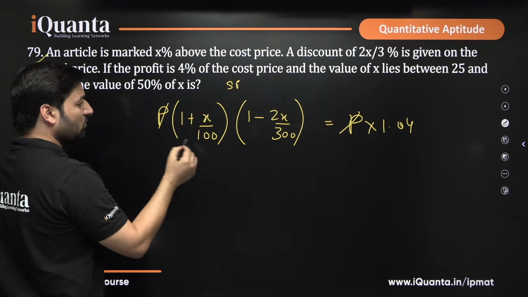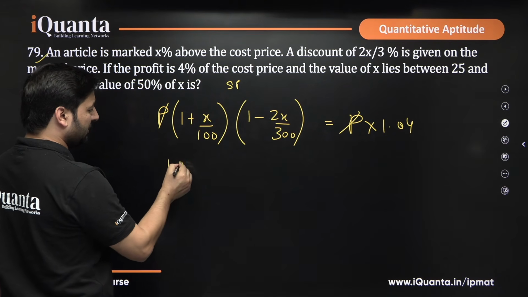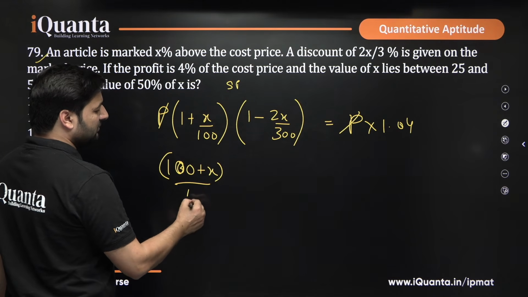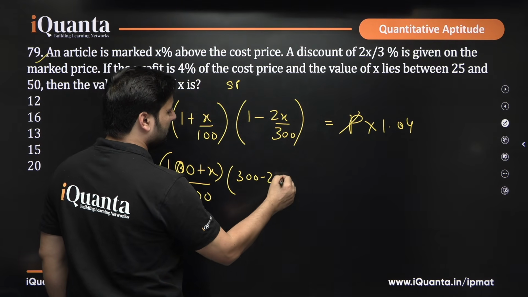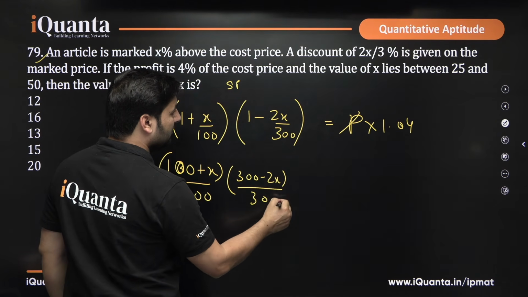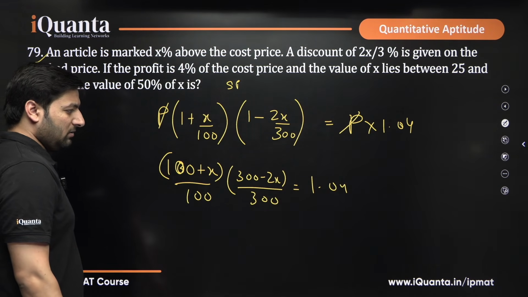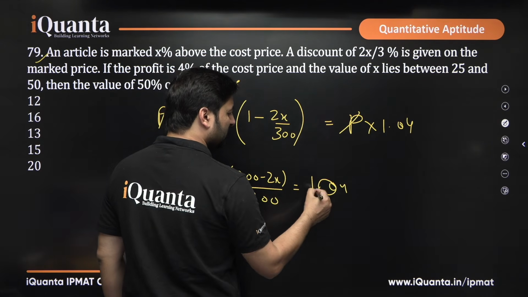P and P cancel. If you take LCM over here, you will get 100 plus x upon 100, then 300 minus 2x upon 300, and over here you will get 1.04, right? Understood? 1.04 can further be written as 104 upon 100.